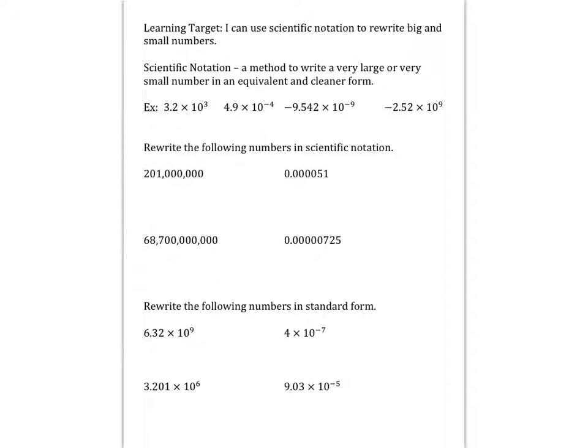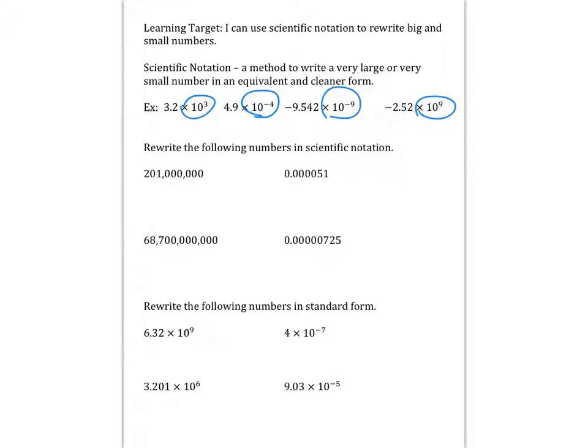So you're probably getting an idea that scientific notation has times 10 to a certain power, and these are what we call powers of 10. They make a number really large or really small, similar to thinking about place value. That's one characteristic of scientific notation.